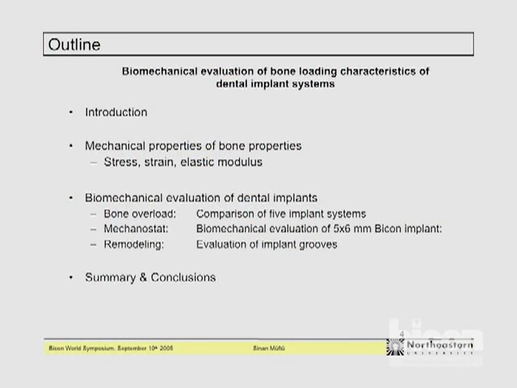First of all, I'm just going to use a criterion of bone overload to compare 5 implants. This is a fairly straightforward way of looking at things. Next, I'm going to look at the Bicon implant from a Mechanostat point of view, and when we come to it, I'll explain what that means. And then, when we are evaluating different implant grooves, I'm going to talk about bone remodeling.